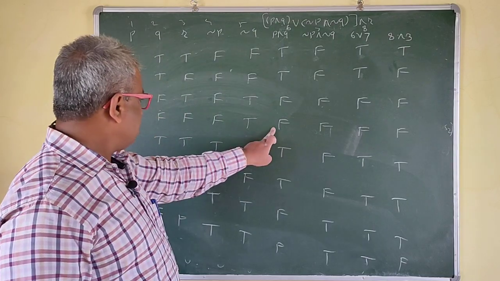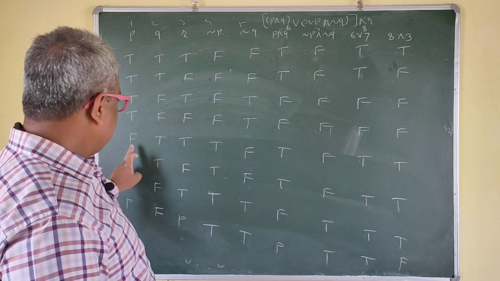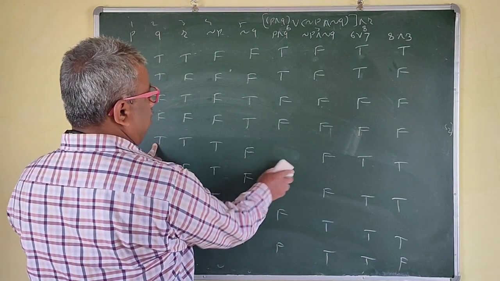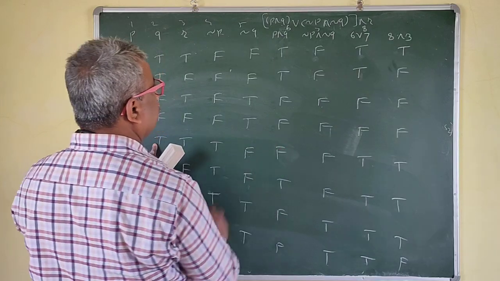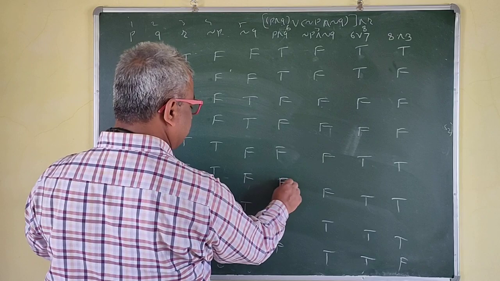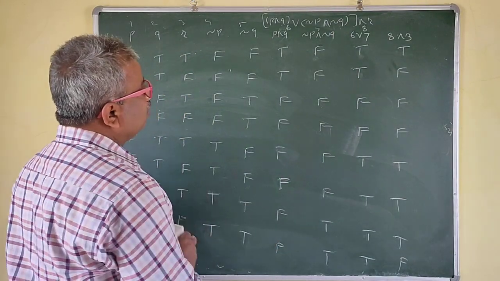F and T is F. F and T is T? Oh, here we made a mistake. F and T is F, this should be F. See, you have to take care. Now this is correct.